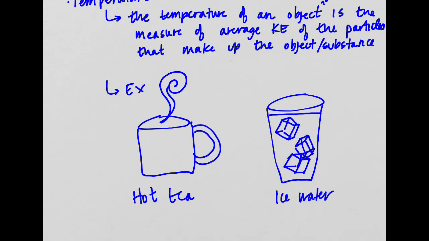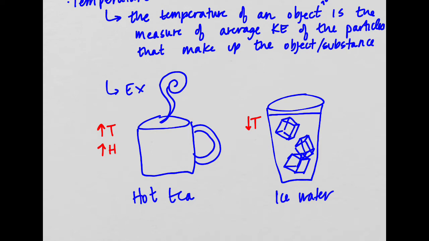So if we look at those two examples, our hot tea and our ice water, this is going to have a high temperature and this is going to have a low temperature, right? So what can this tell us about the kinetic energy of the particles? Well, if something has a high temperature, we also know that it feels hot. It has a lot of heat.